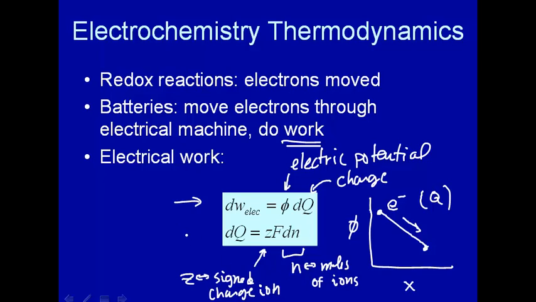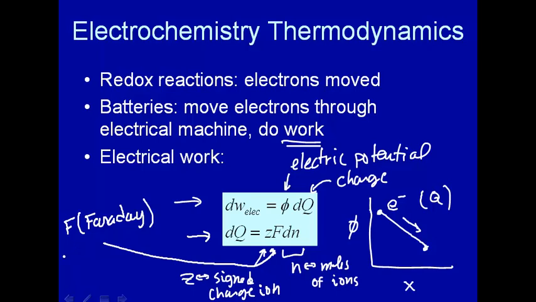But what we want in order to calculate electric work is the charge. So we need a proportionality constant between the number of charges and their actual charge. And that's what the F is. F is called the Faraday, named after Faraday, who looked at electrical stuff back in the 1800s or 1700s maybe.